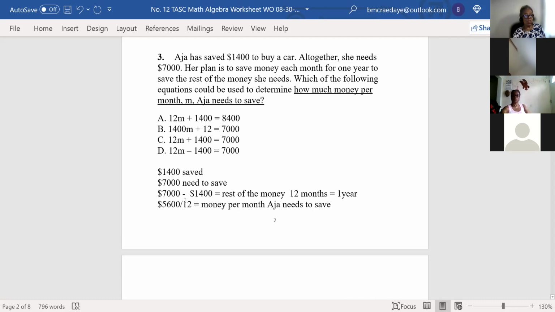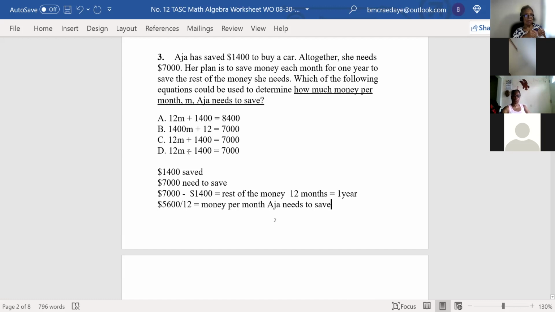If you had to move this 1400 over to the right side, what operation would you do? You have to add, so that's not a subtraction, right? So which one now shows a subtraction of 1400 from 7,000 and then divided by 12?